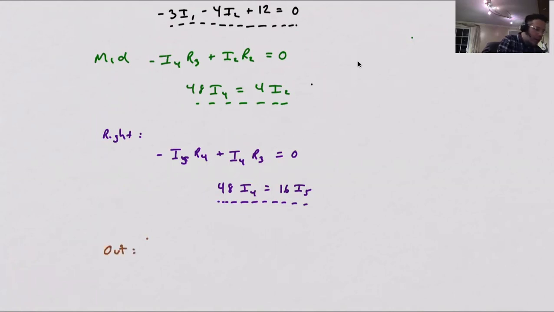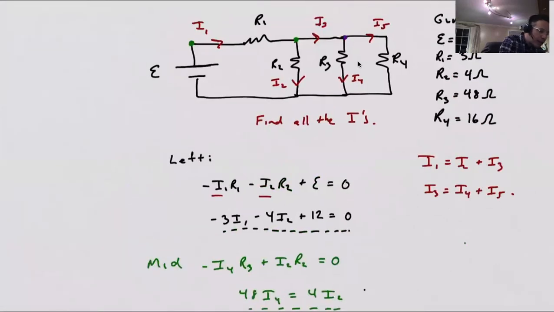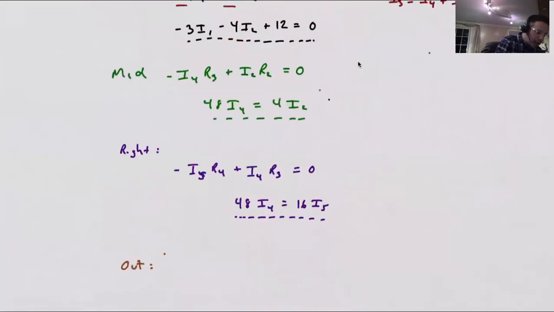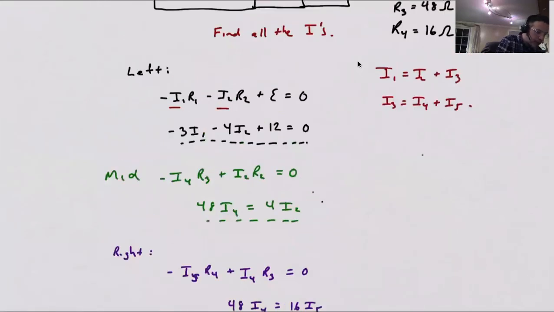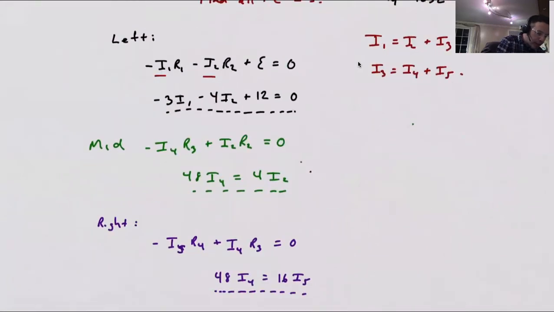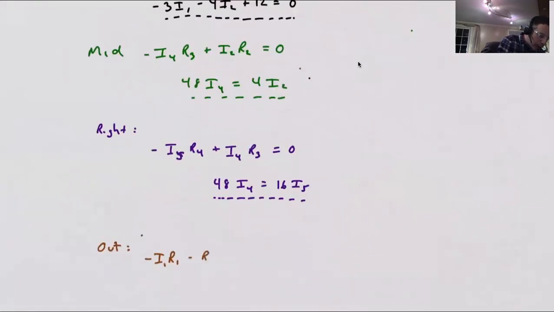The outer loop, again starting from the top and going all the way to the right: I lose an I1 R1, I lose an I5 R4, and I pick up the battery and I'm back home.